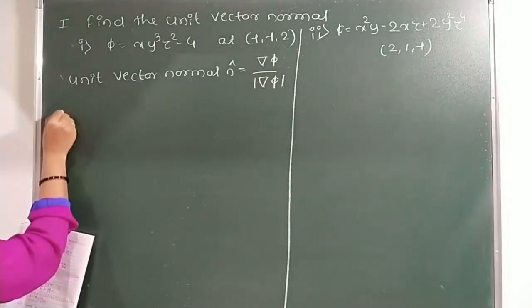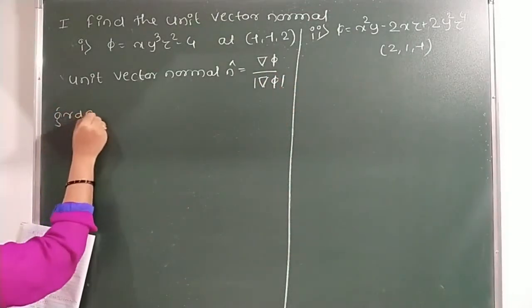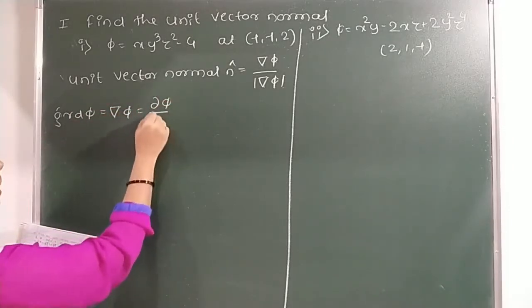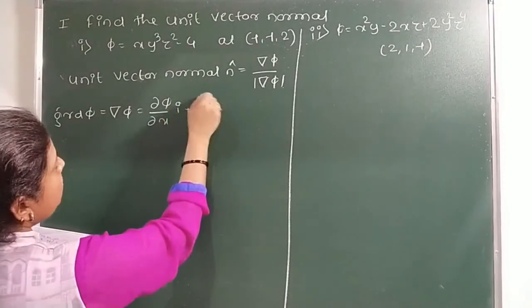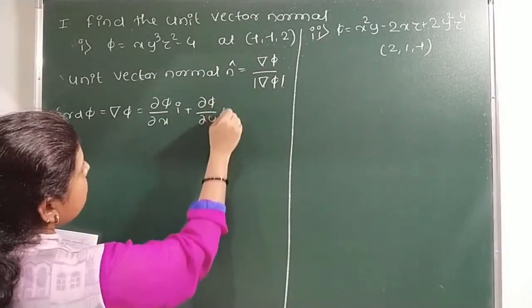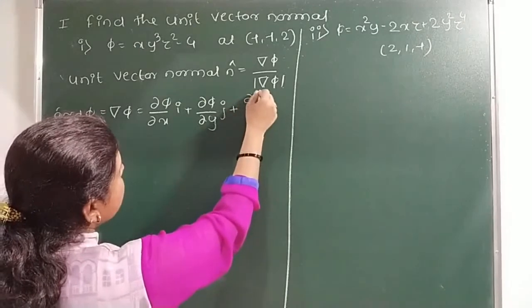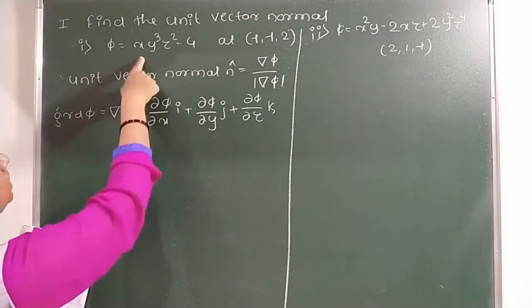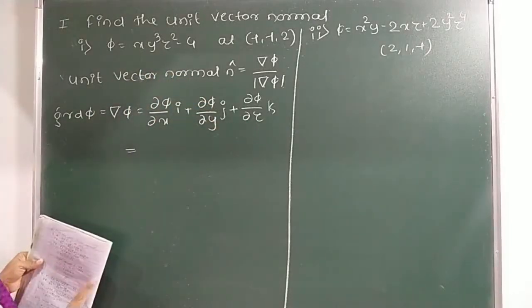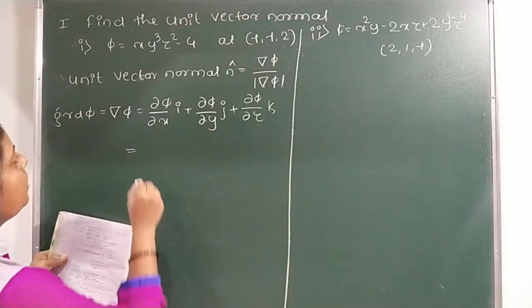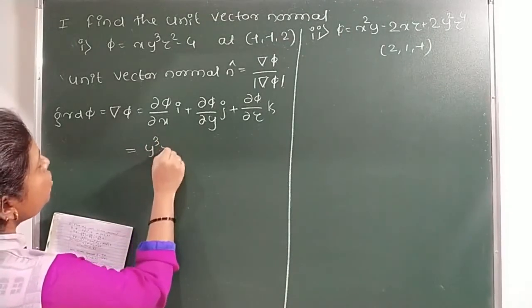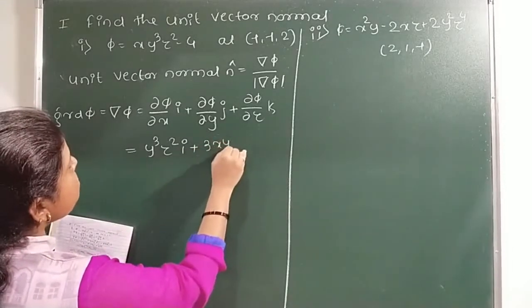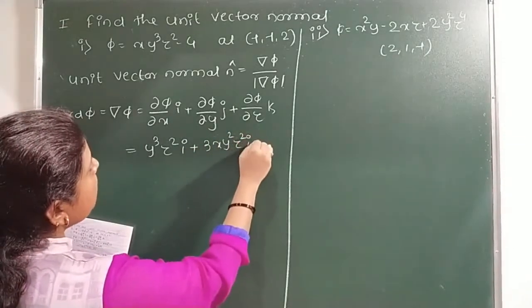First we have to find del phi. Del phi is nothing but grad phi, that is ∂phi/∂x i plus ∂phi/∂y j plus ∂phi/∂z k. Now apply partial derivatives with respect to x, y, and z.